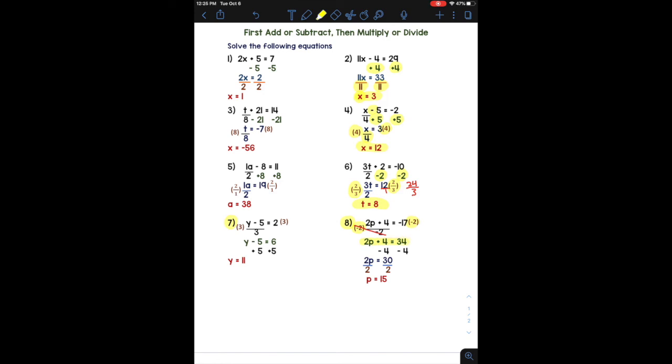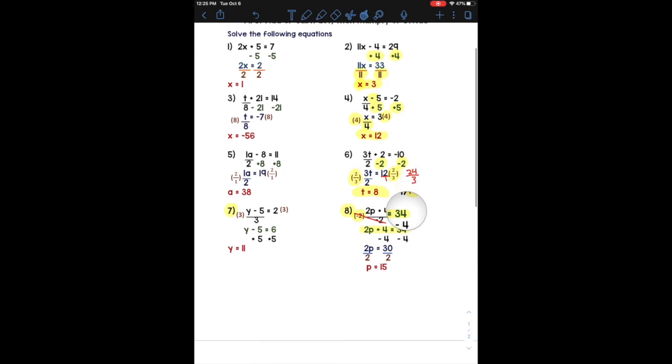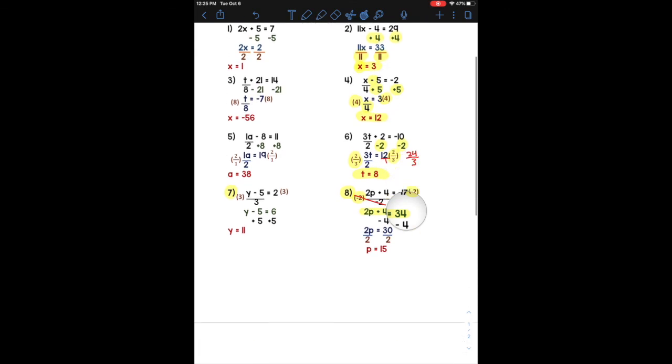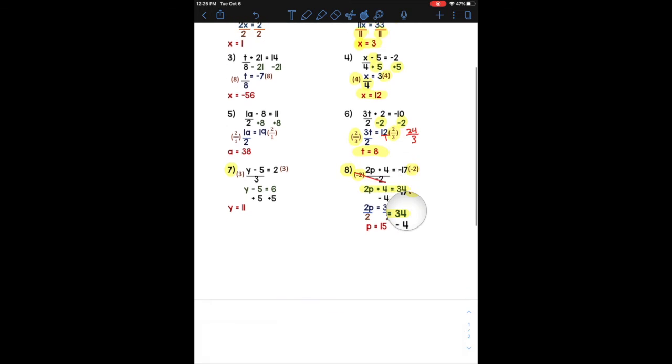You'd be left with just what's at the top, 2p plus 4 equals positive 34. You would then subtract 4 on both sides, where 4 minus 4 will be 0. And then lastly, divide by 2 on both sides of the equation to get our final answer, p is 15.